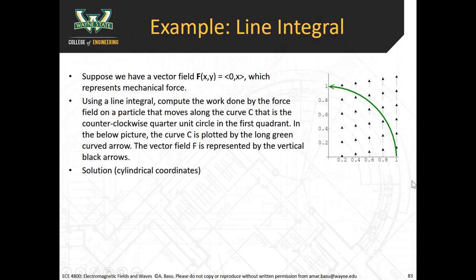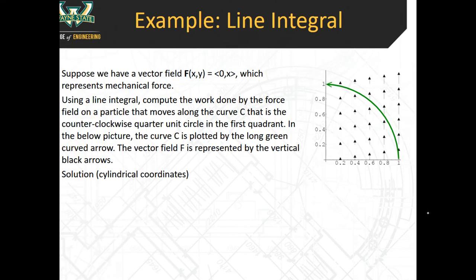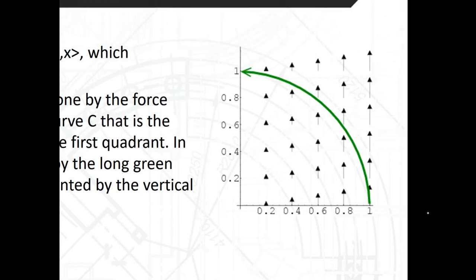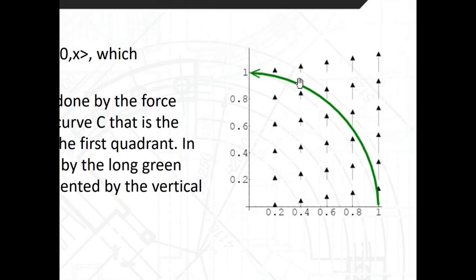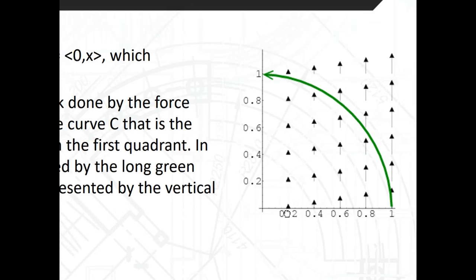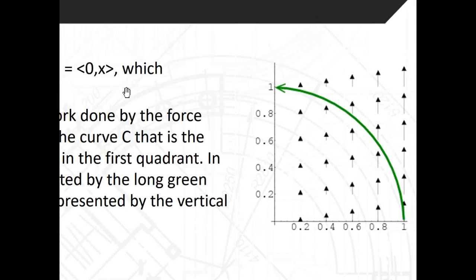Why? Just look at this visually. What do you notice? What do you notice about the vector field along this line here? It's parallel to it, true, but the value of it is 0.